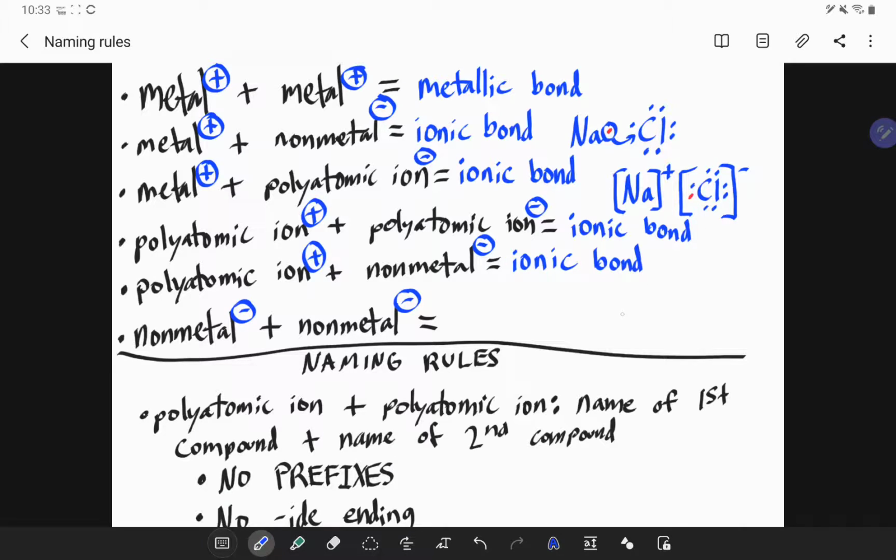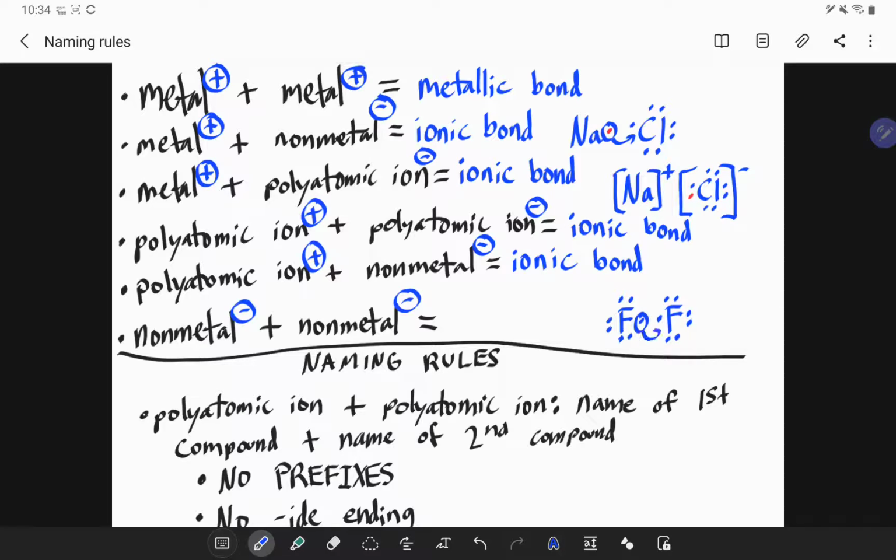Let's use fluorine, F. So if I have fluorine here, I have 1, 2, 3, 4, 5, 6, 7 valence electrons. And I'll have another fluorine with 1, 2, 3, 4, 5, 6, 7 valence electrons.